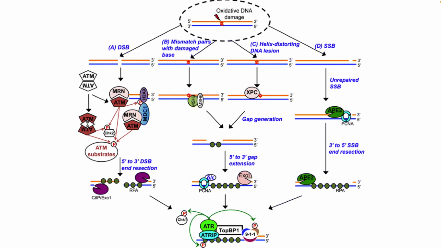Epigenetics is when the DNA is modified but the sequence of the DNA is the same. Other things that can occur with oxidative damage are mismatch pairs or helix distortion, and all four of these will activate the DNA damage response in different ways.